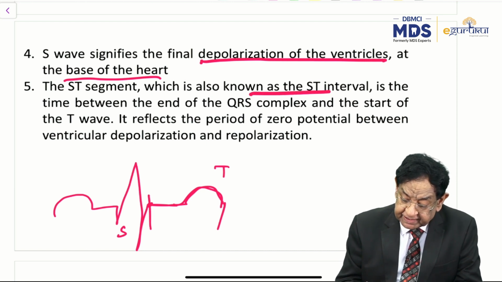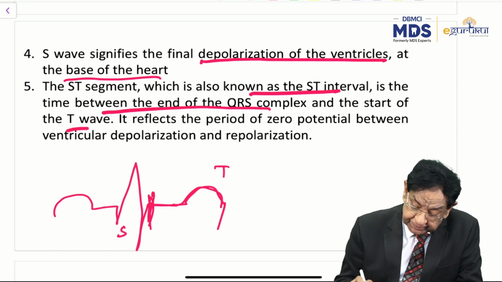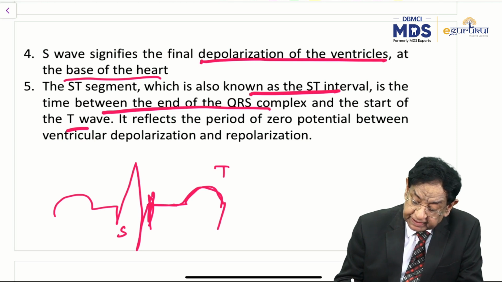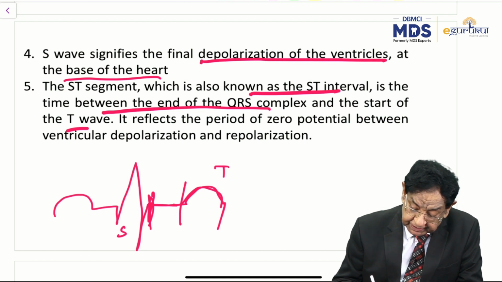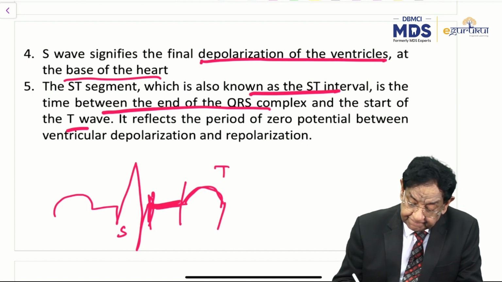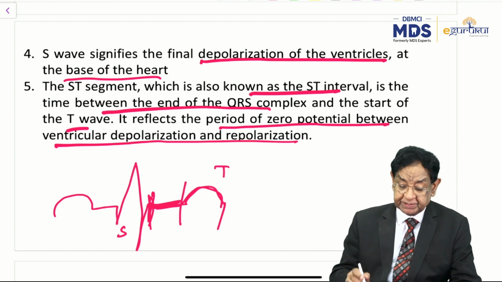The ST segment, also known as the ST interval, is the time between the end of the QRS complex and the start of the T wave. Okay, to the start of T wave. This is the ST segment. It reflects a period of zero potential between ventricle depolarization and repolarization.